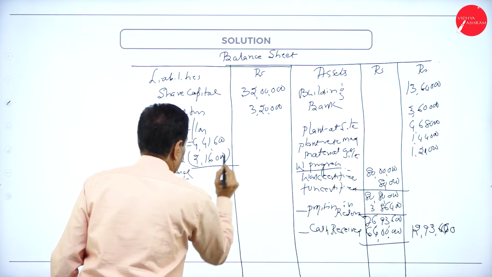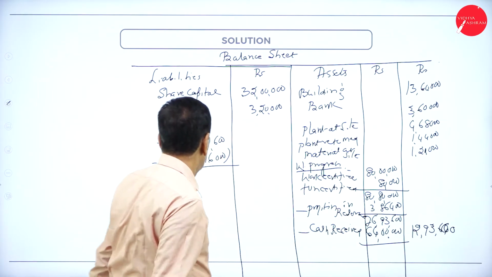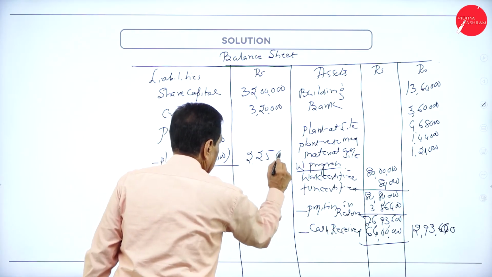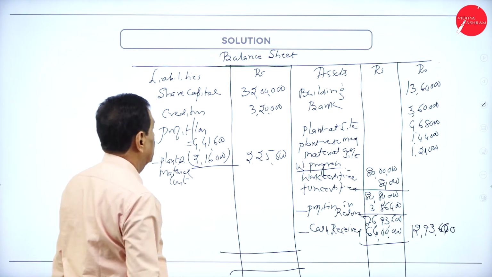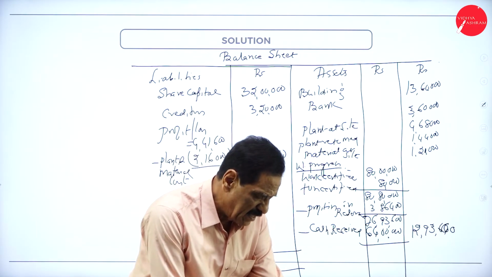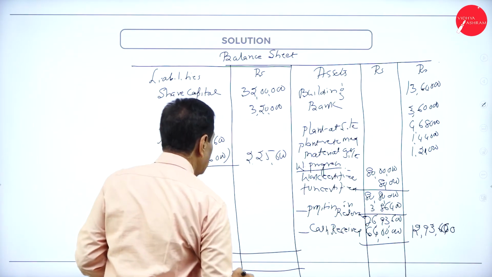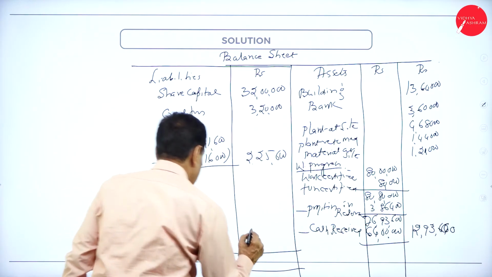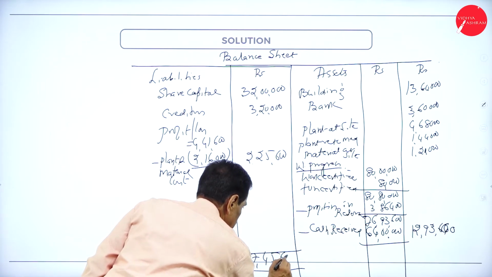Deduct from 4,41,600, it becomes 2,25,600. Add the figure: 32 lakh, 35 lakh, 37 lakh 45,600. 37 lakh 45,600.